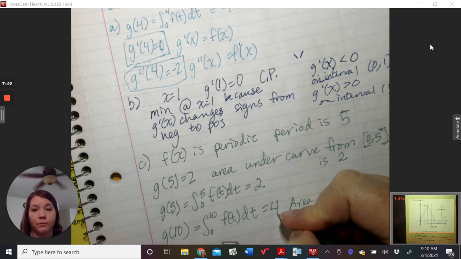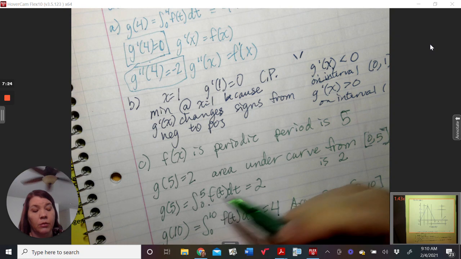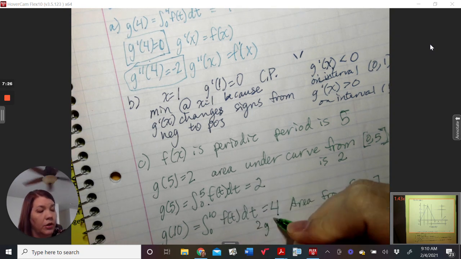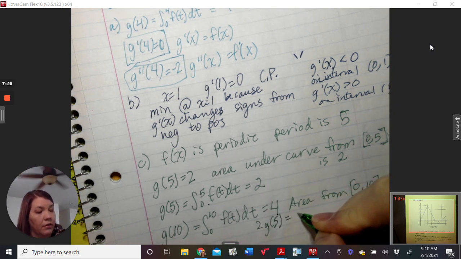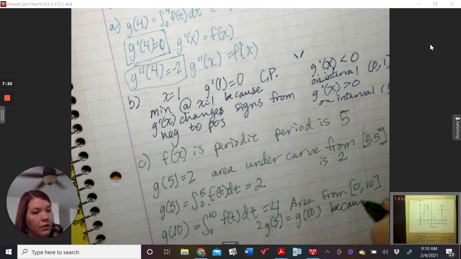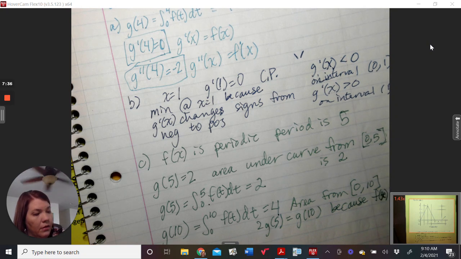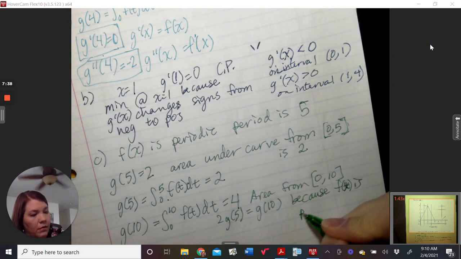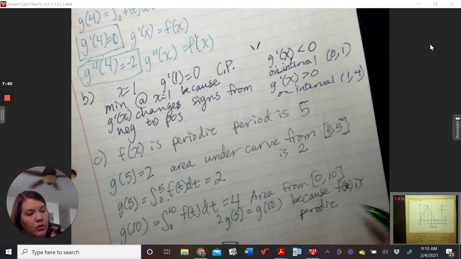Okay, because it's periodic, it's equal to g of 5. Because periodic, which means the area is also going to repeat itself.